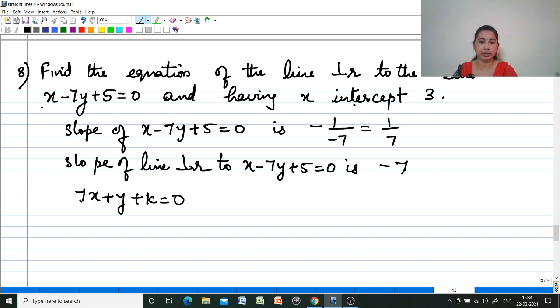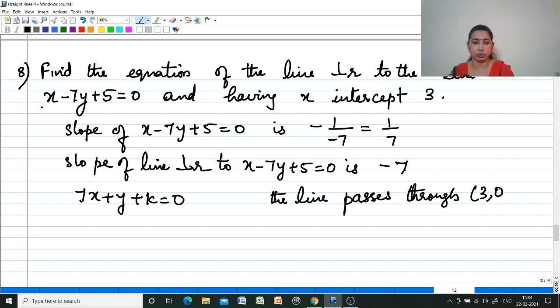It has x intercept as 3, which means that it passes through the point 3 comma 0. So the line passes through 3 comma 0.